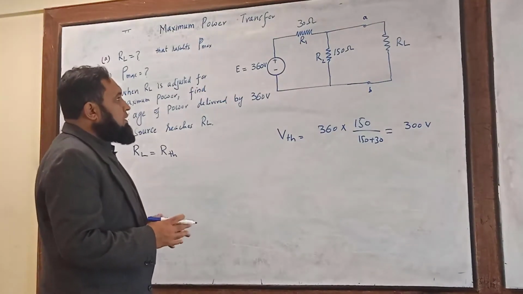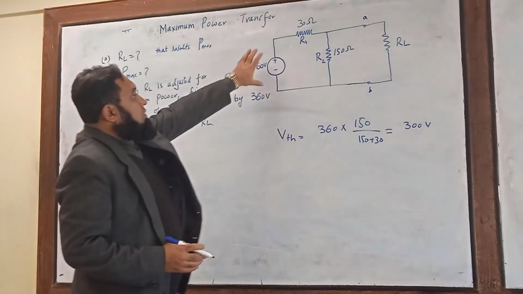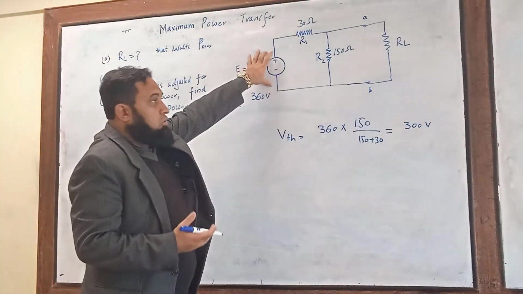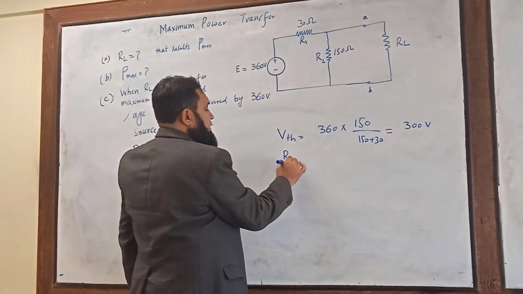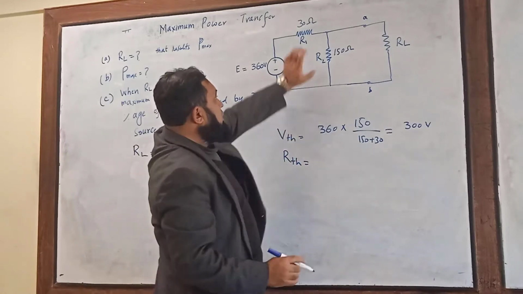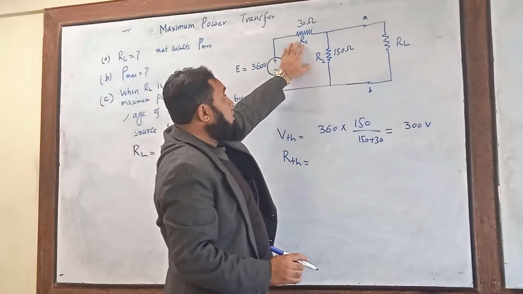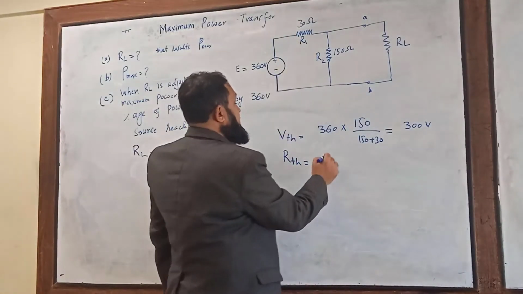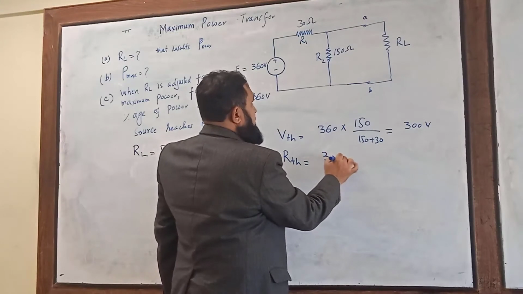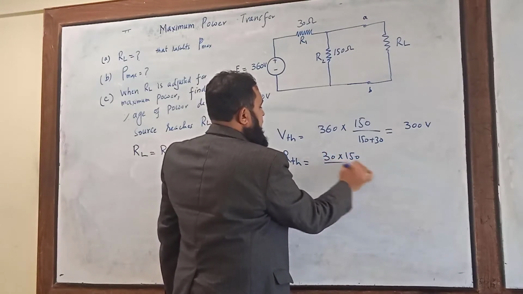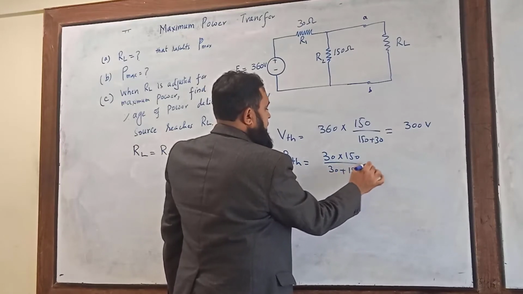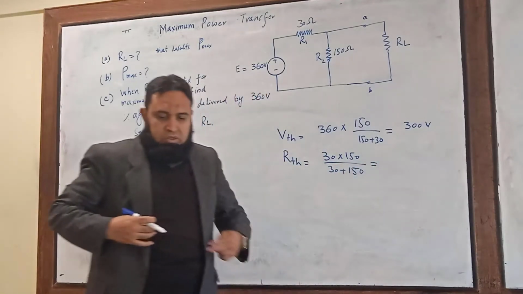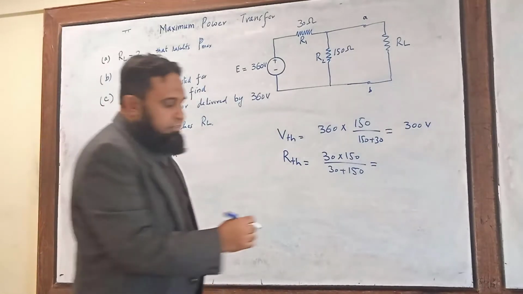Now the Thevenin resistance: just make the source a short circuit and compute the equivalent resistance. The Thevenin resistance is equal to the parallel combination of these resistances. So 30 multiplied by 150 divided by 30 plus 150, which is equal to 25 ohm.